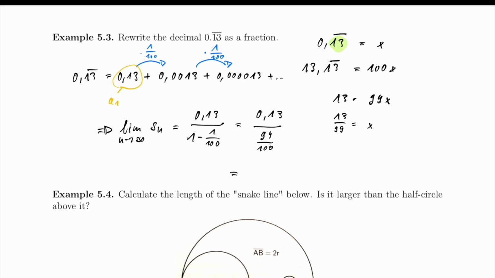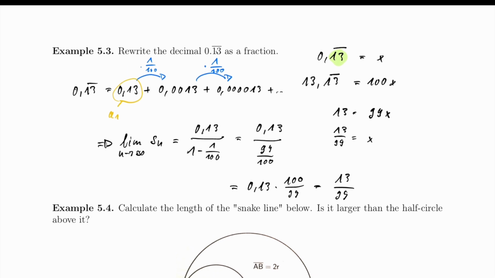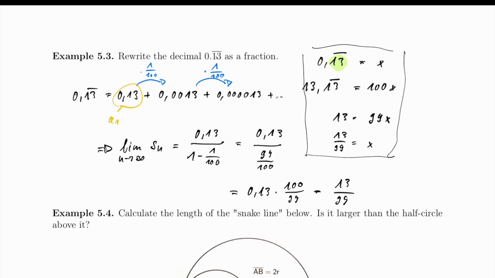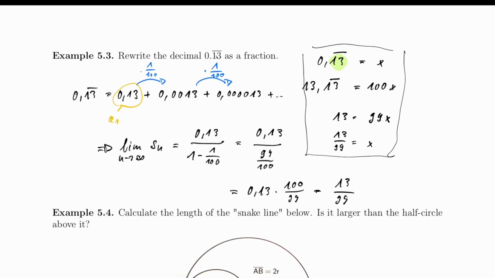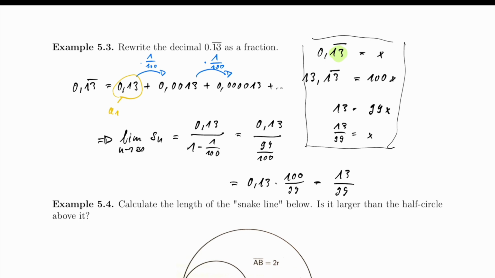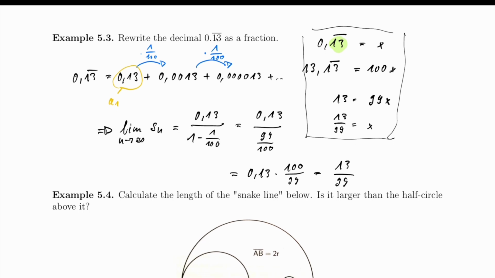And then, careful, double fractions, so that's 0.13 times 100 by 99, and 0.13 times 100, well, that's just 13. So this is sort of the quick and dirty trick, and the other one is maybe a little bit more elaborate, but fitting into the framework of geometric series or infinite geometric series.